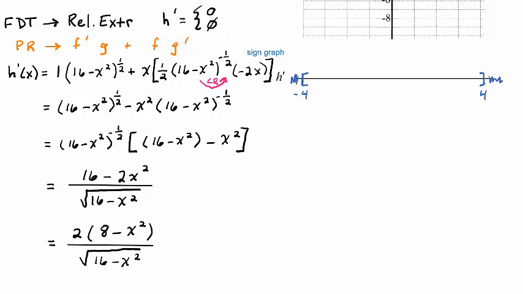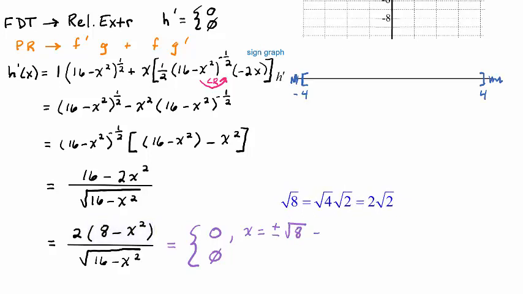Now to find the relative extrema, we would set this equal to 0 or undefined. And we see that the numerator is going to equal 0 whenever x is equal to plus or minus the square root of 8, which simplifies to be plus or minus 2 radical 2.